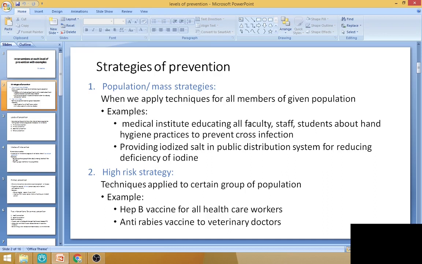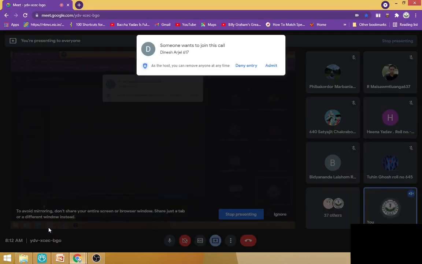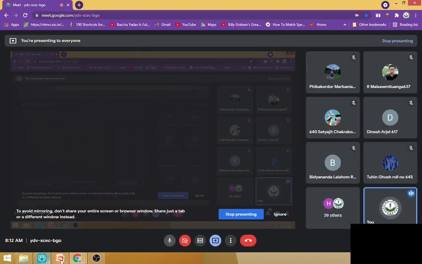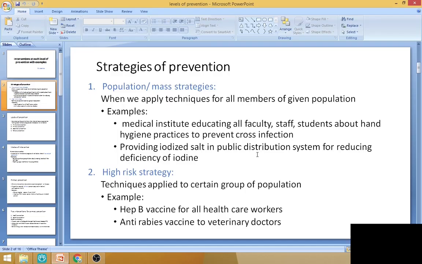Have you come across this or not? With that card, you can buy rice at a very cheap rate, like 4 or 5 rupees per kg, which is given by the government. That is known as the public distribution system.